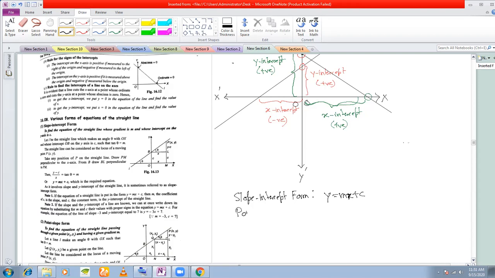Then you had the point slope form. If you know any point on the straight line, and if you know the slope of the straight line, then you can find out the equation of the straight line by this equation: y minus y1 is equal to m times x minus x1. Here x1, y1 is any particular point on the line, and m is the slope of the line. And finally you have the 2-point form.